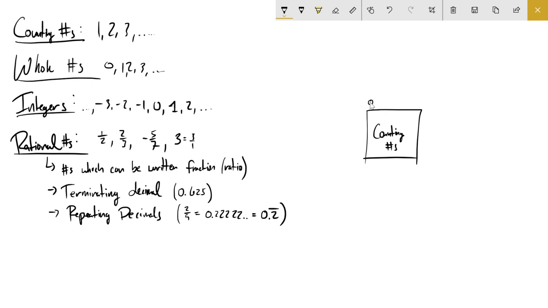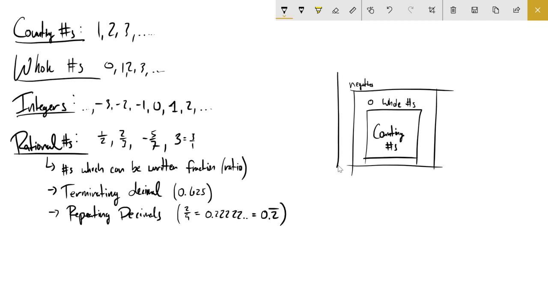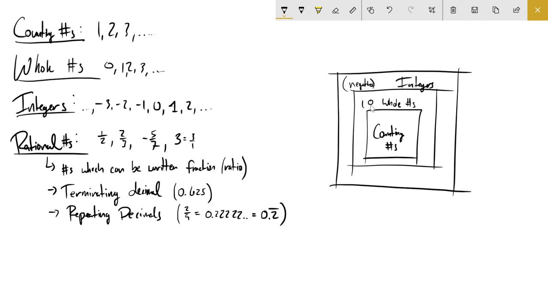When you throw in 0, you create a bigger group of numbers, and that's the whole numbers. Then if you throw in all the negatives, that creates the integers. All the whole numbers are integers, so each one is contained within the next.